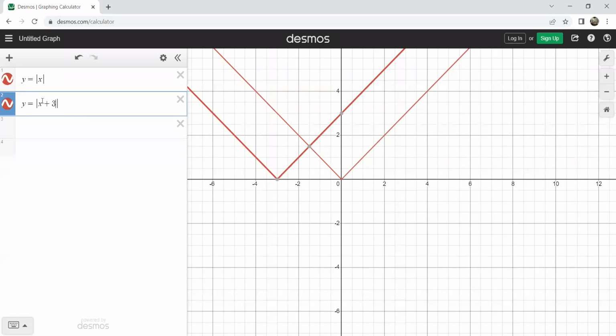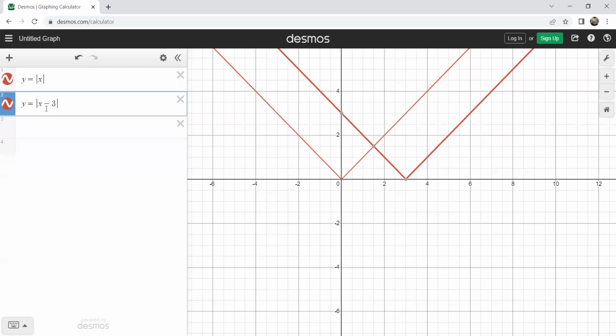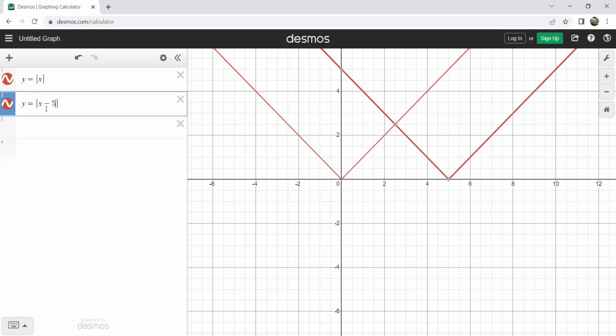X plus 3 shifts to the left, x minus 3 shifts to the right, x plus 5 shifts to the left, x minus 5 shifts to the right. All of the transformations that we learned in this class apply to any function. It doesn't matter if it's a piecewise defined function or just a regular parent function.